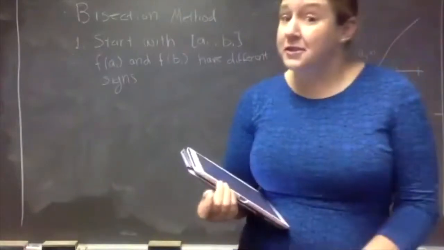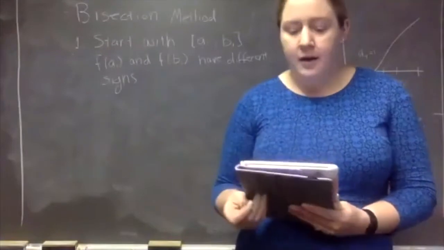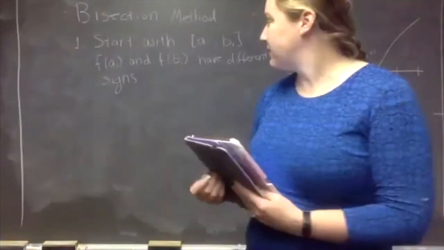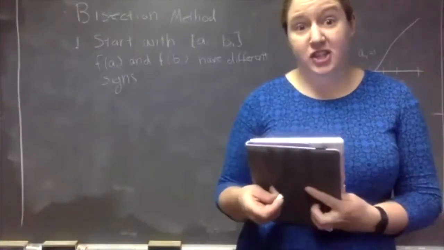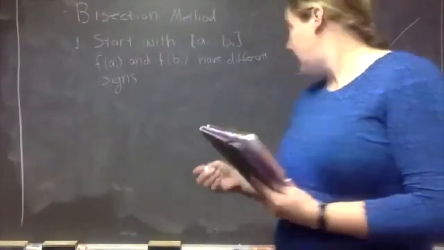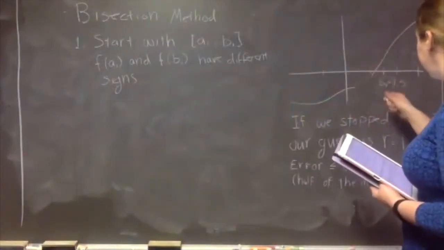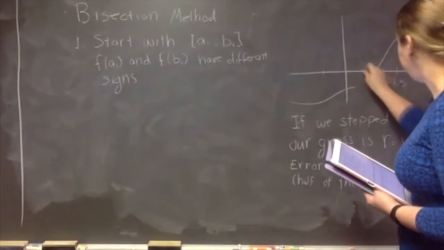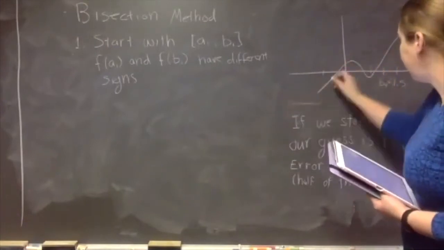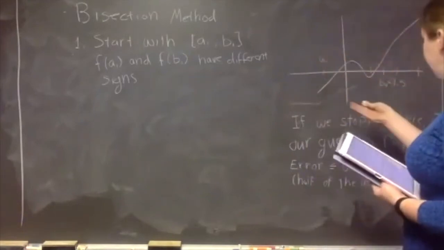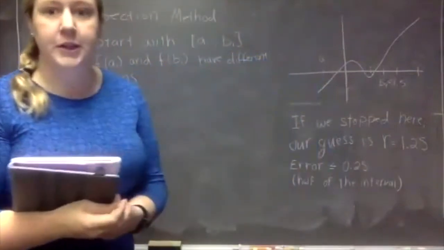It could mean that there's two roots in the interval, so things could go haywire. But if you're using the bisection method, you do want to try to start with an A1 and a B1 that just contain one root. I could have done a bad example here where my graph went back up and then back down. And then my A1 still would have had a negative value, my B1 still would have had a positive value at the function.